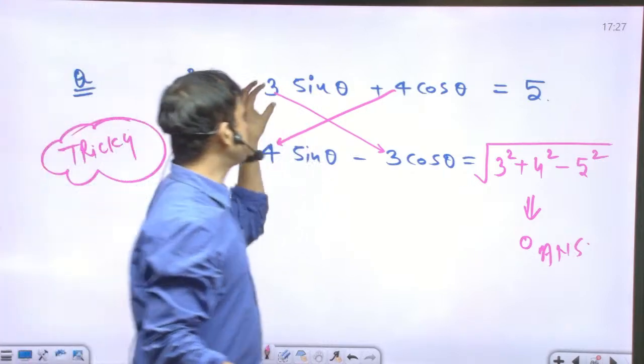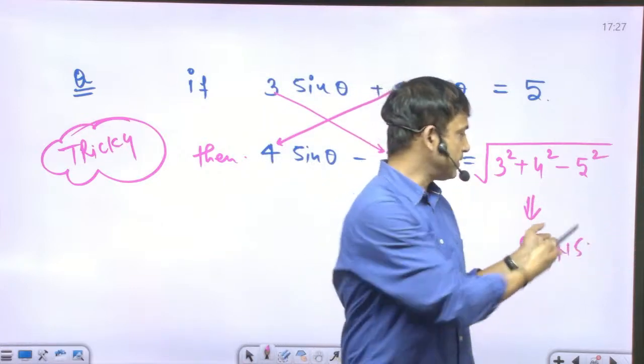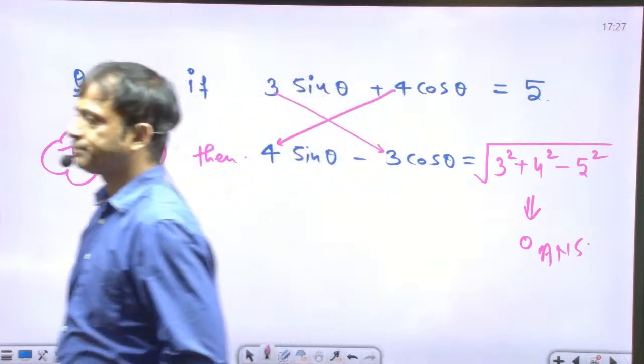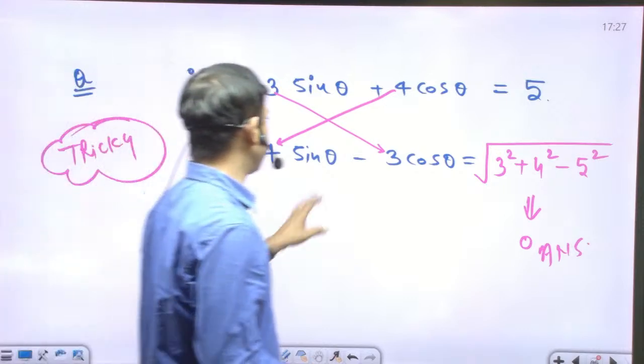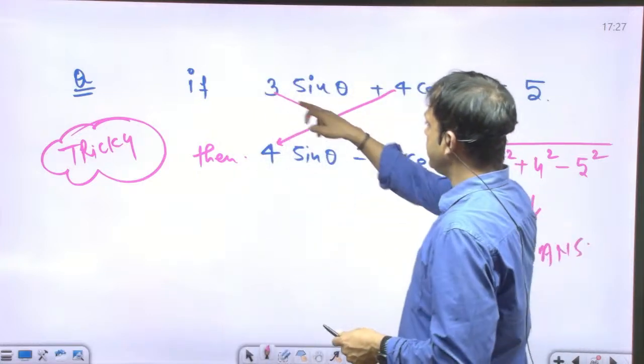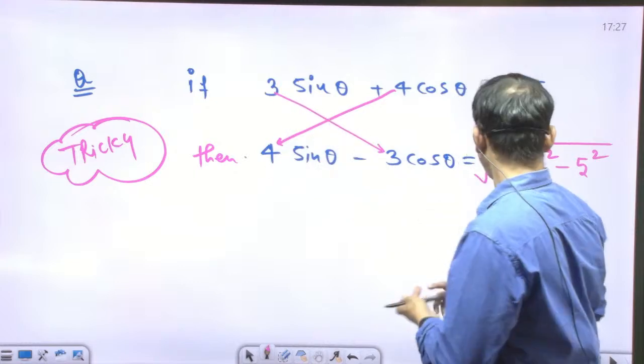In the exam, simply take 3, 4 and 5, A square, B square, C square, and the question is solved. I think both are okay. Trick, basic part and tricky solution, both are okay. In any kind of sine and cos, these numbers will be reciprocal always. Okay.